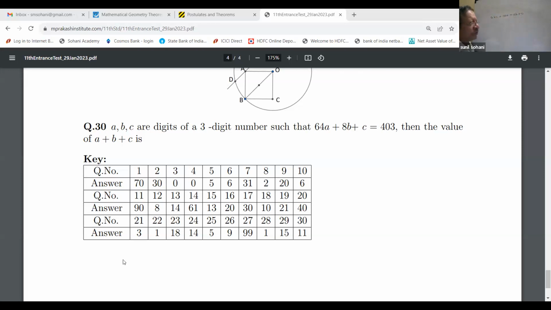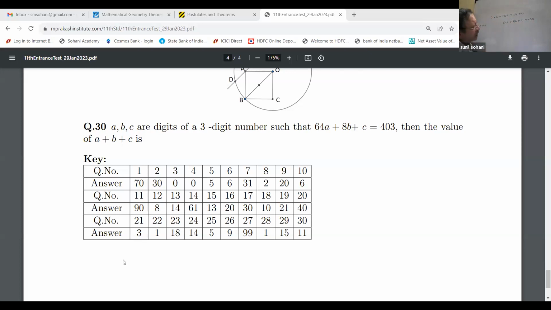That should be the first reaction that comes to your mind. Also, they have given one more piece of information: 64A plus 8B plus C is 403. Then they are asking the value of A plus B plus C. That means you should know what the individual digits A, B, and C are.